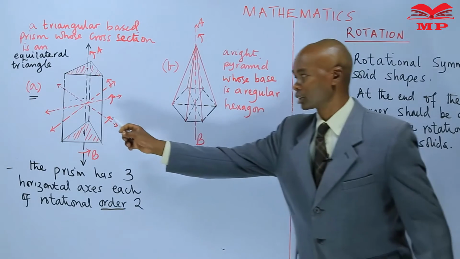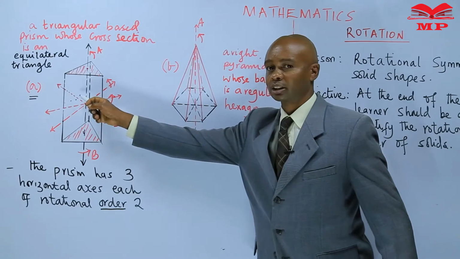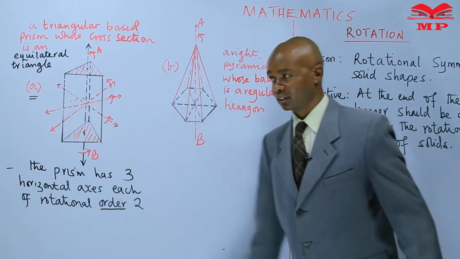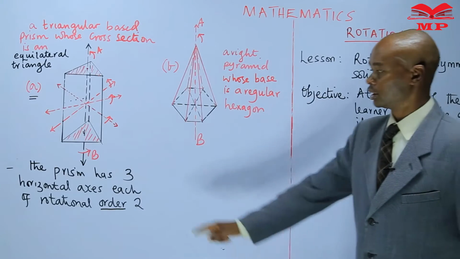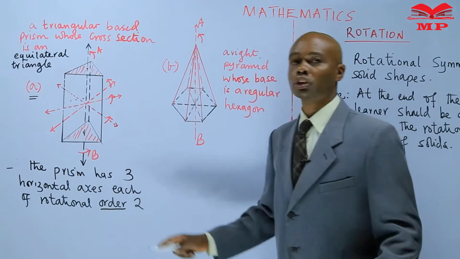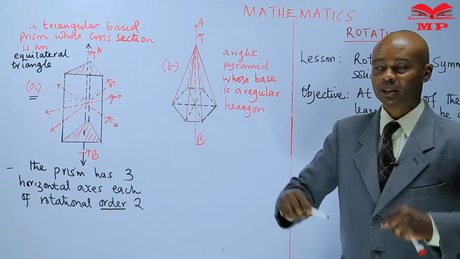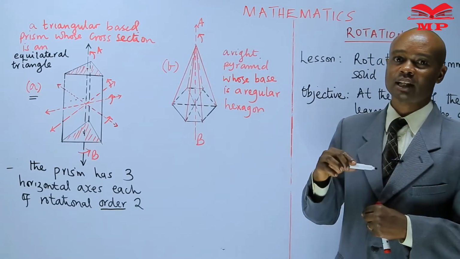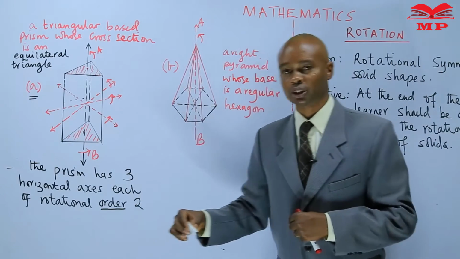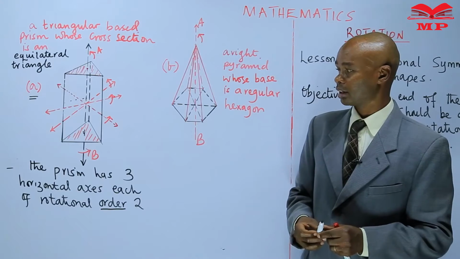So one of the axes is from this corner to the center of that rectangular face. So the prism has three horizontal axes, each of rotational order 2, meaning if you rotate a half turn, it will map onto itself. Another 180 to complete that, it will map onto itself.